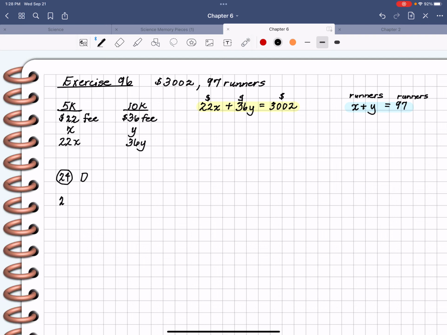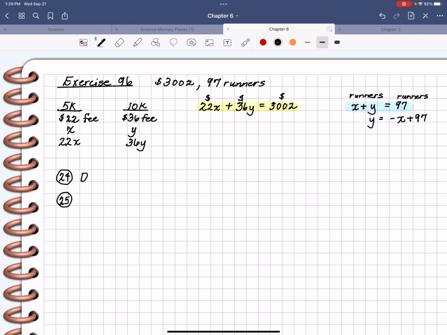I bet I know what number 25 wants us to do. How many 5K entry fees and 10K entry fees were collected? So we need to solve the system. I'm going to go ahead and solve this one for Y. So it's going to be Y equals negative X plus 97.